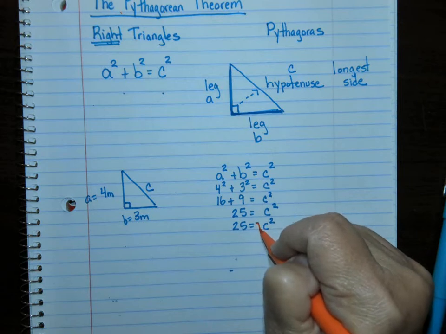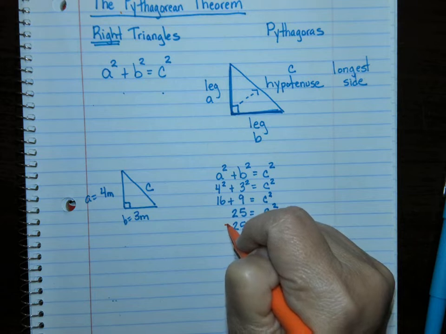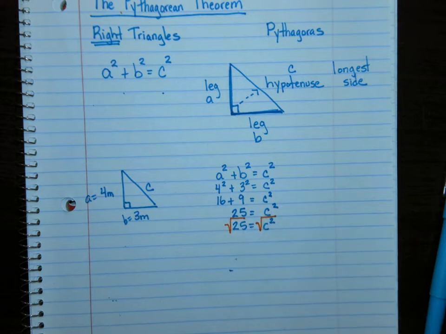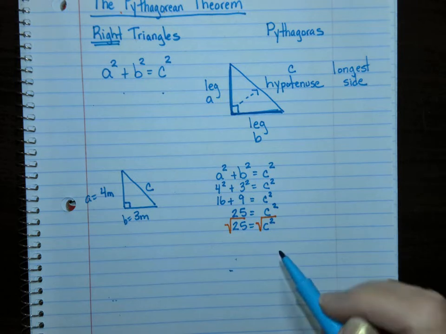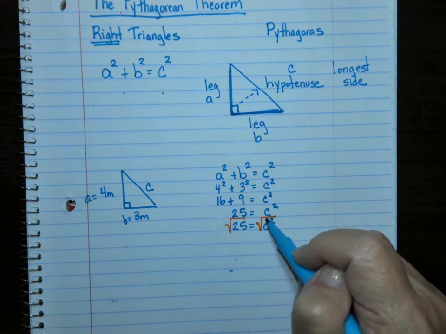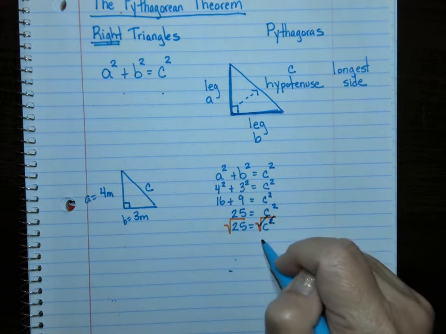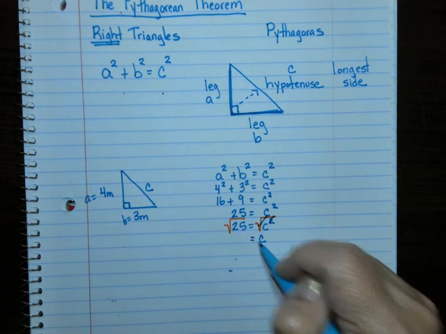So we're going to take the square root of c squared, and we're going to take the square root of 25. So when you have a number and you square it and take the square root of it, those two operations undo each other. And so c is left by itself.